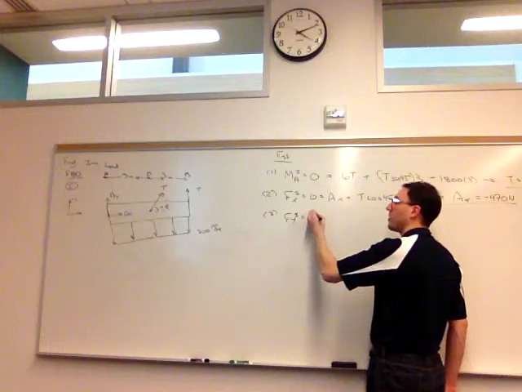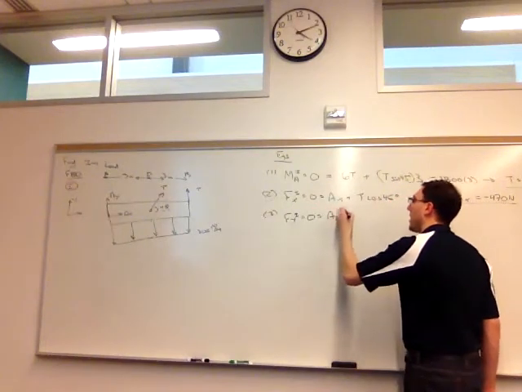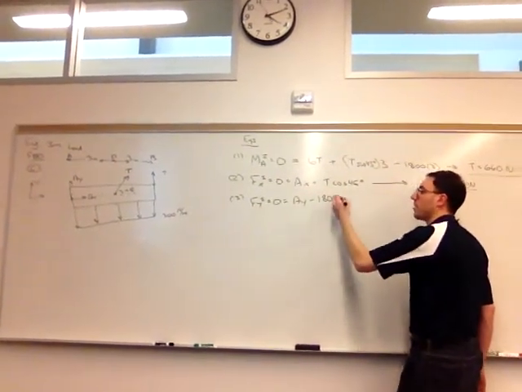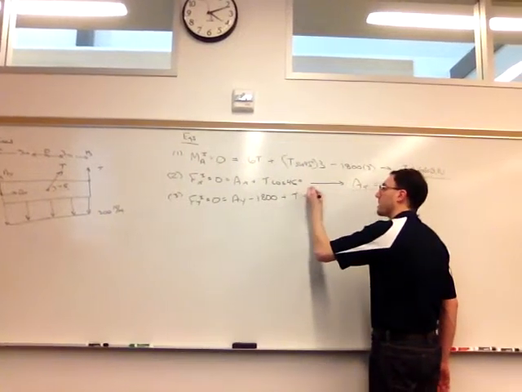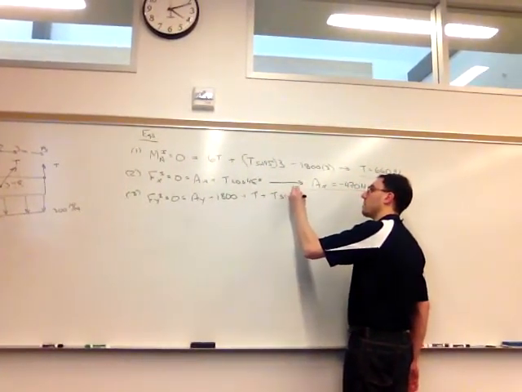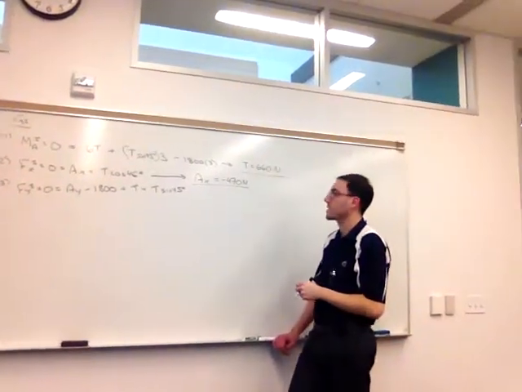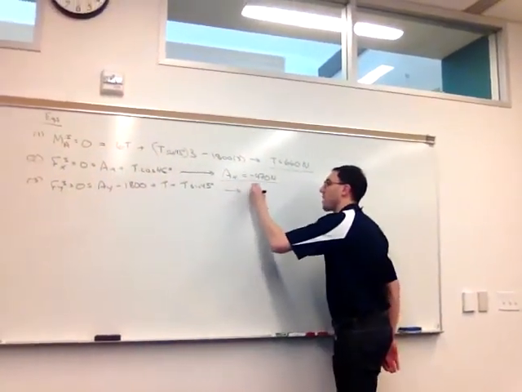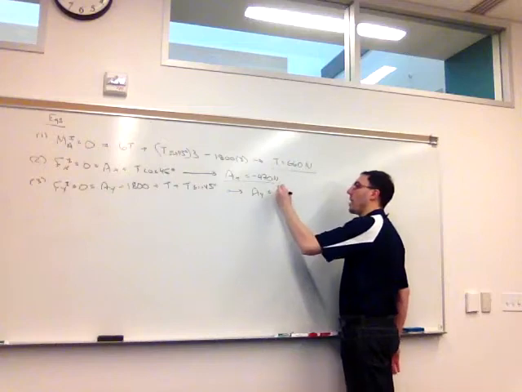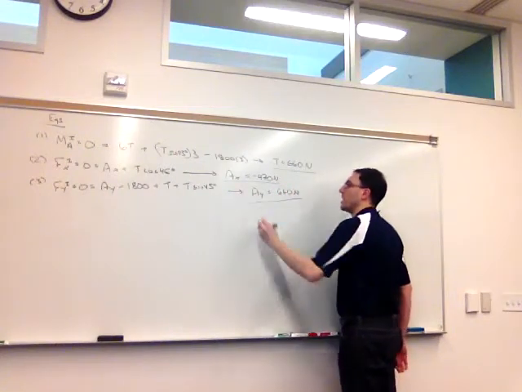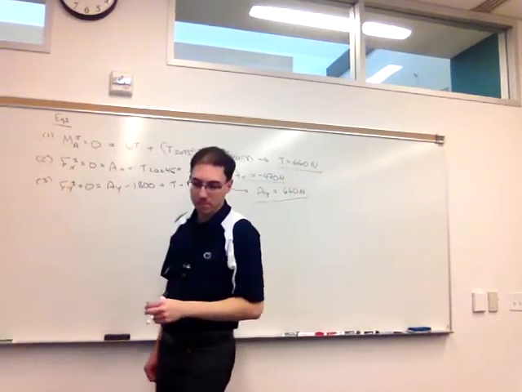And the y direction will have AY minus the 1800 from the distributed load, plus T sine 45. Again, we know that T is 660 newtons. Solving this for AY, we get that AY also is 660 newtons.